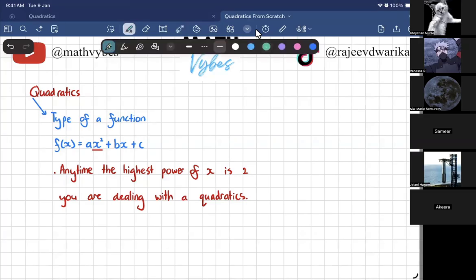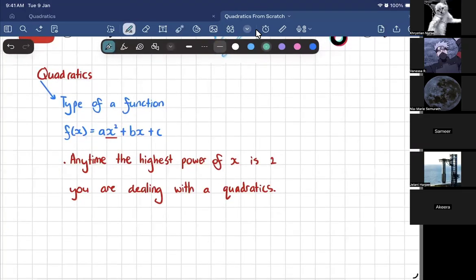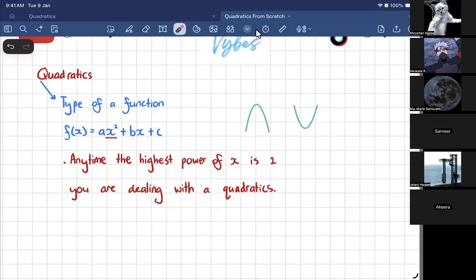And a quadratic could either look like this, or it could look like this. I have a question, Christian: this graph looks like it's going up to the top or to the bottom? They're going up to the top, sir.